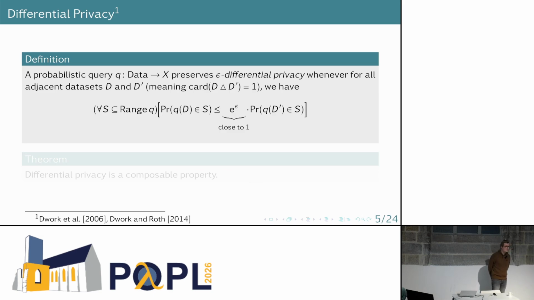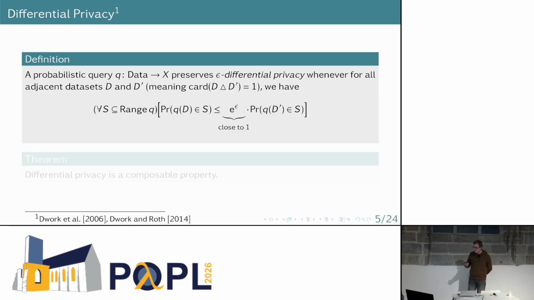So if you know everything about a database except whether one single person is absent or not, you cannot learn anything, basically. Formally, you have some privacy parameter epsilon here, which acts as the maximum multiplicative difference between the probability of queries satisfying a predicate in either case.